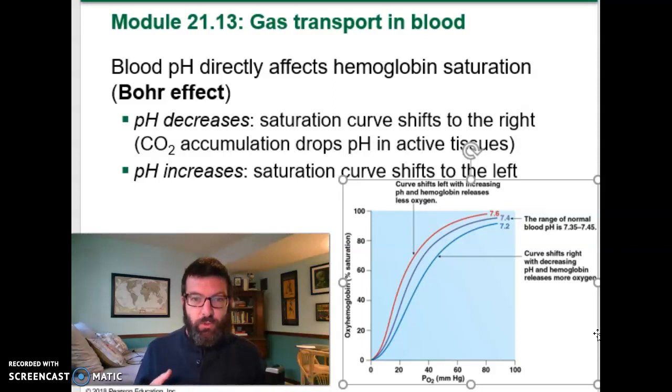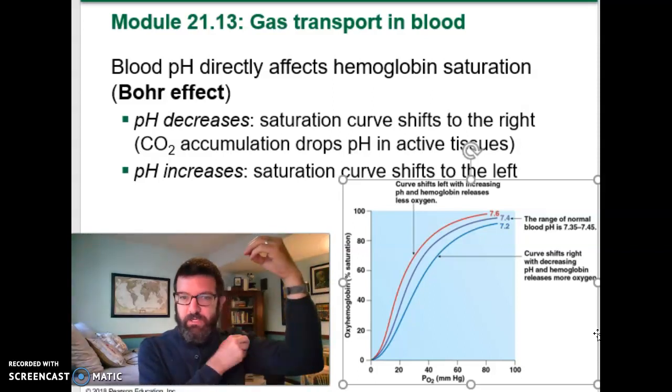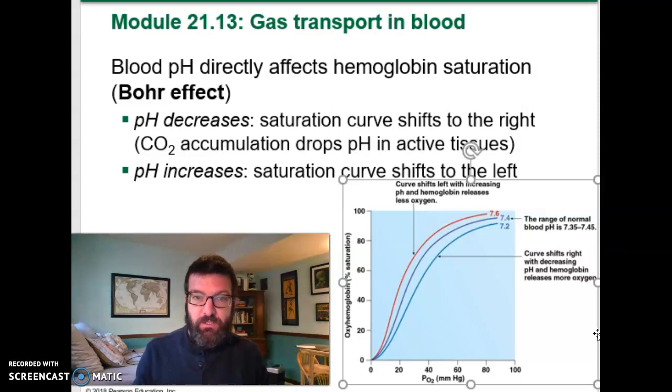And CO2 plus H2O, which I have plenty of in my tissue fluid, makes H2CO3, which is carbonic acid. So as you put more CO2 into a system, it gets more acidic, at least in an aqueous system with water. And so where I'm using more oxygen, I'm producing more CO2, it's becoming more acidic.